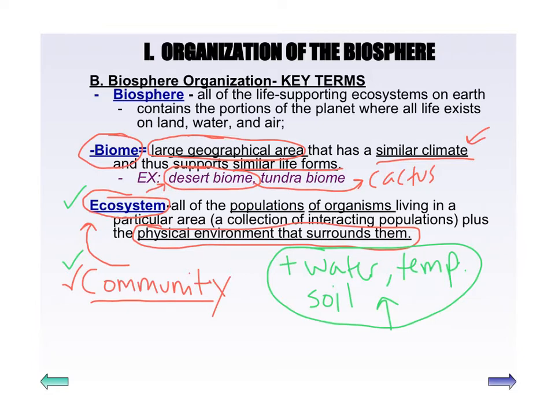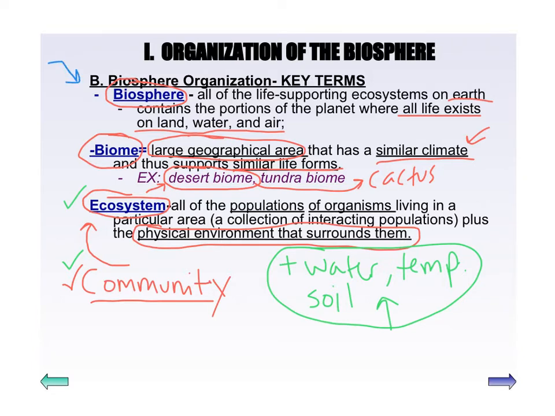And the last level of organization, this is the biggest of all, it's called the biosphere. That is basically the entire Earth where all life exists, on land, water, and in air. So all of the life on Earth makes up the biosphere.